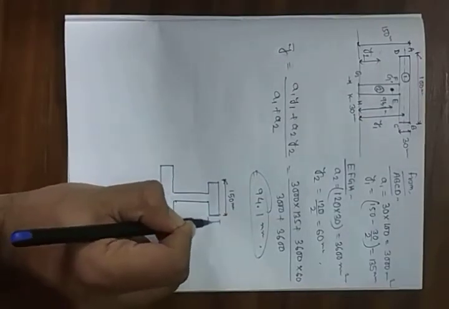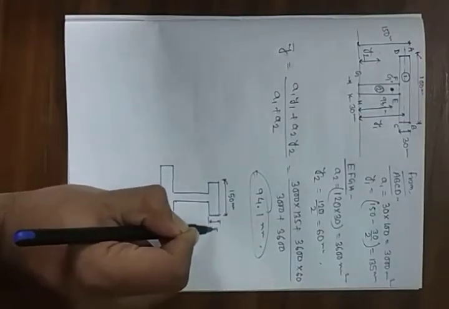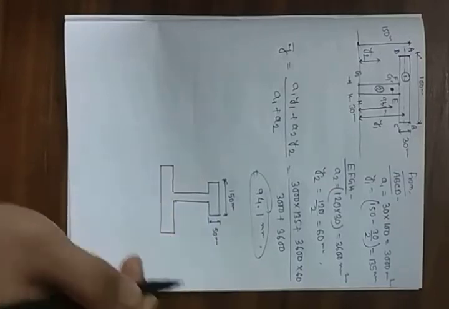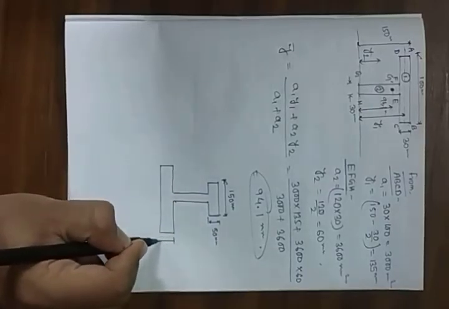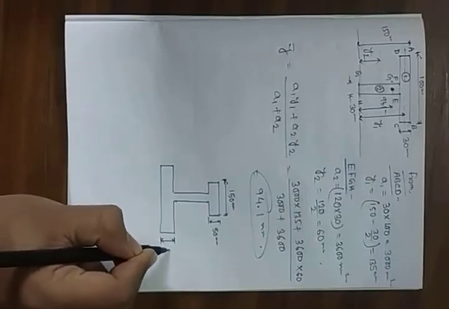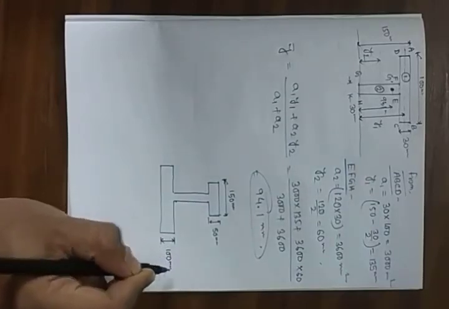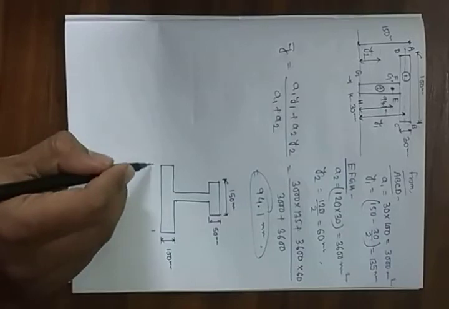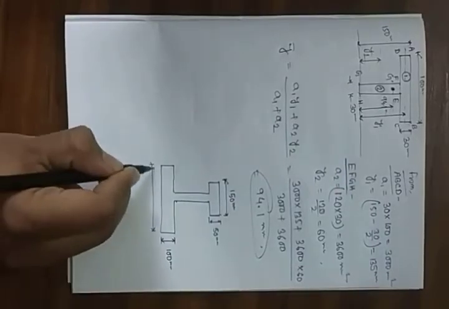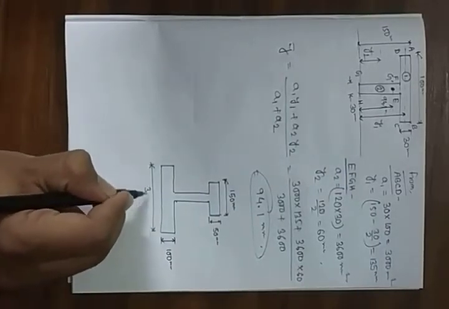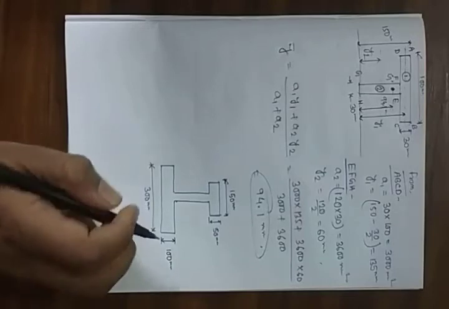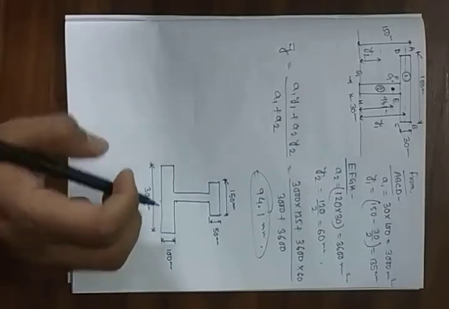The depth of the upper flange is 50 millimeter. The depth of the bottom flange is 100 millimeter and the width of the bottom flange is 300 millimeter.